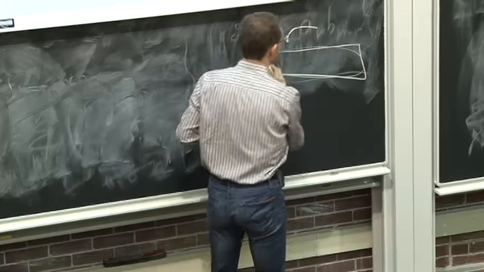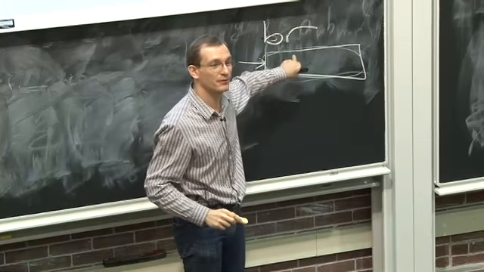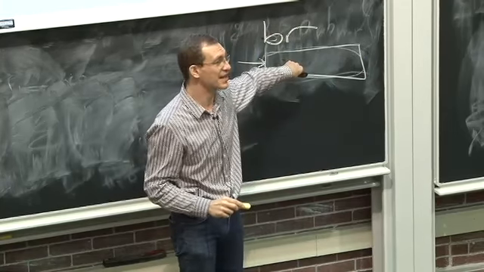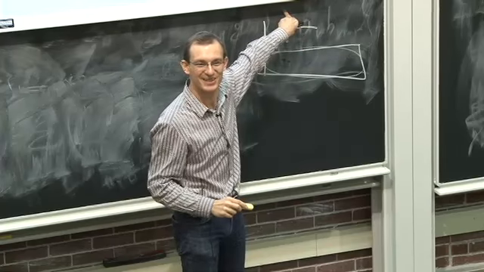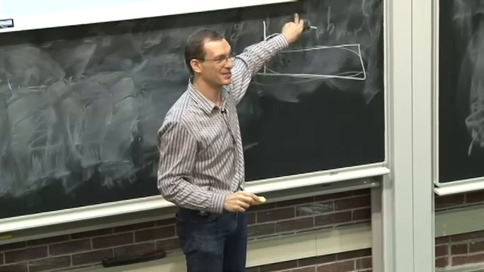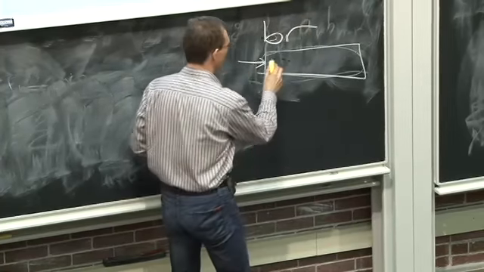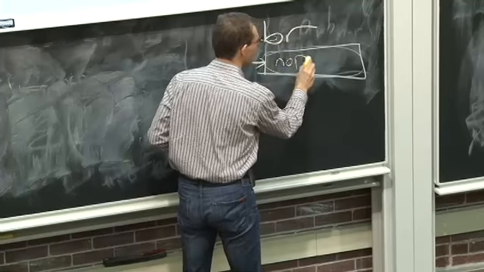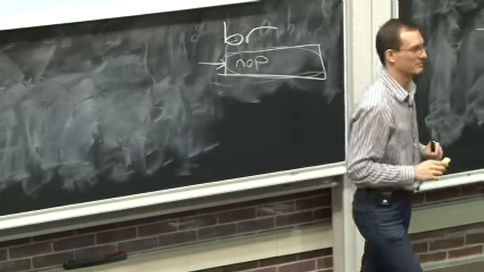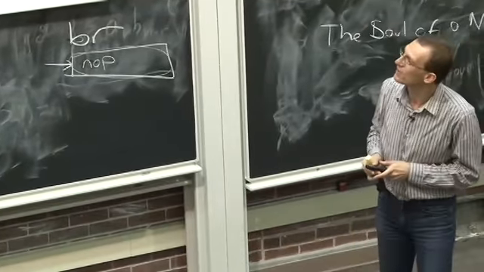And it's the programmer's or the compiler's job to fill this delay slot with an instruction that's independent of the branch, right? So you should not change the semantics of the program to fill the delay slot. And if you cannot find anything, then you fill it with a no-op, and essentially you lose throughput in your pipeline.